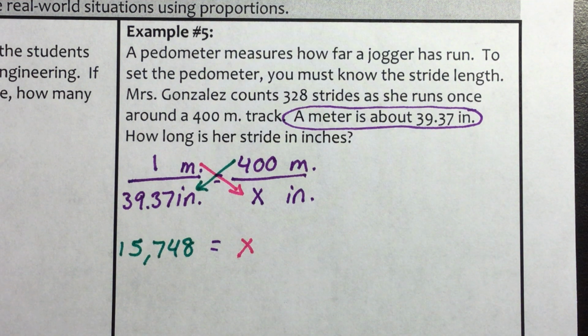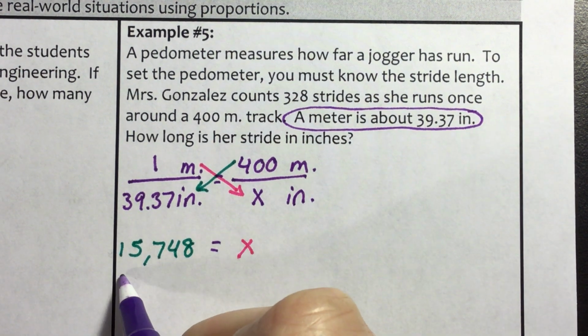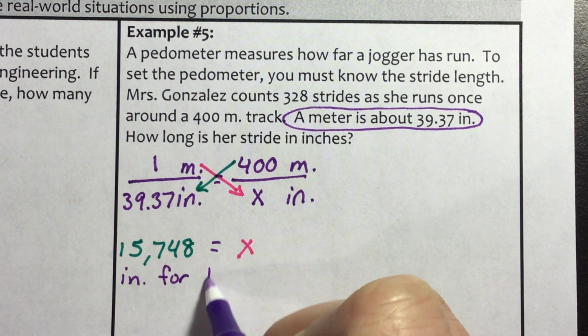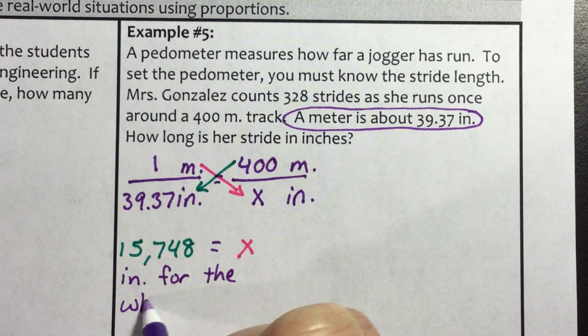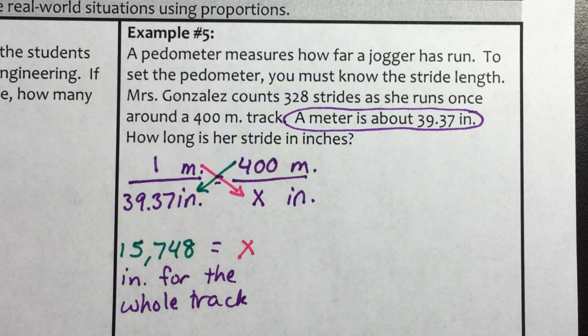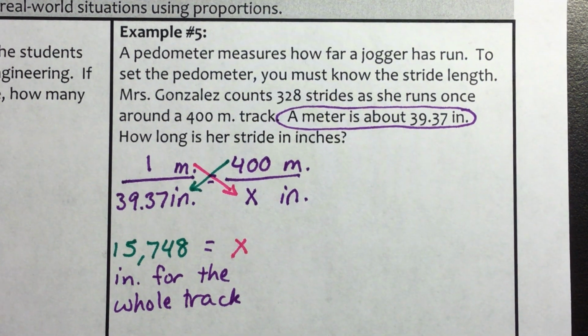Okay, this is already solved for x. Okay, notice that x was labeled in inches from here. So we know that this is inches for the whole track. Okay, so if you took rulers and measured around the entire track around a football field, that is how many inches you would get. Good thing we were able to do proportions because that would take a really long time.